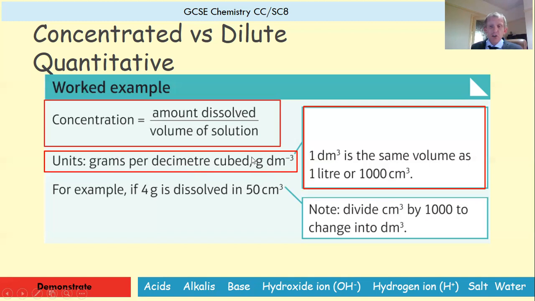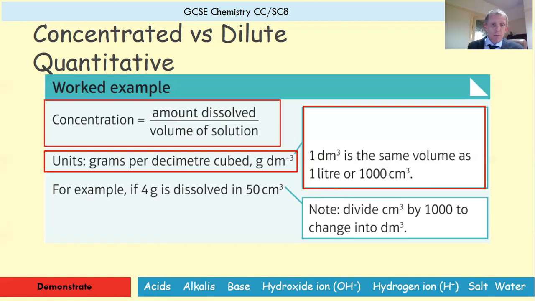Okay, guys, so there is a question on this page at the script slide as well, but what I'm going to get you to do is I'm just going to give you a few moments first off to copy those red boxes down. I'll just also mention that 1 decimeter cubed is the same volume as 1 litre or 1,000 centimeters cubed, or 1,000 milliliters for that matter. 1,000 milliliters equals a litre. 1,000 centimeters cubed also equals a litre, and 1 decimeter cubed equals both 1 litre and 1,000 centimeters cubed and 1,000 milliliters.